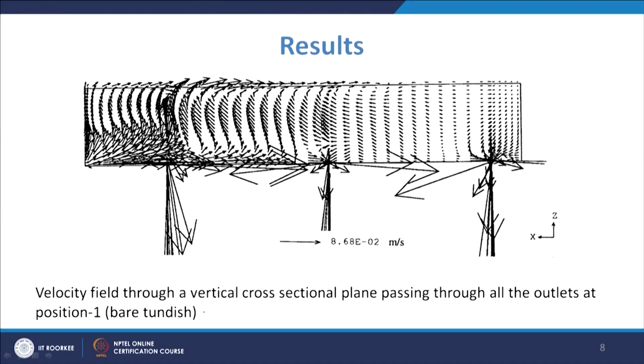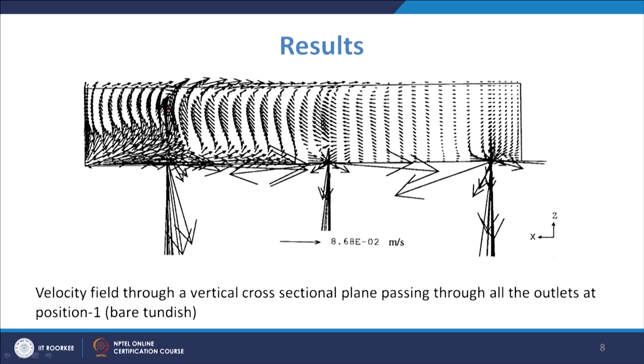If you first see the velocity vectors as we had seen earlier, you have the outlet plane, and on this, what you see is that the outlet which is near the inlet has quite a high velocity, and it also has the tendency to go up, and then it moves like this.